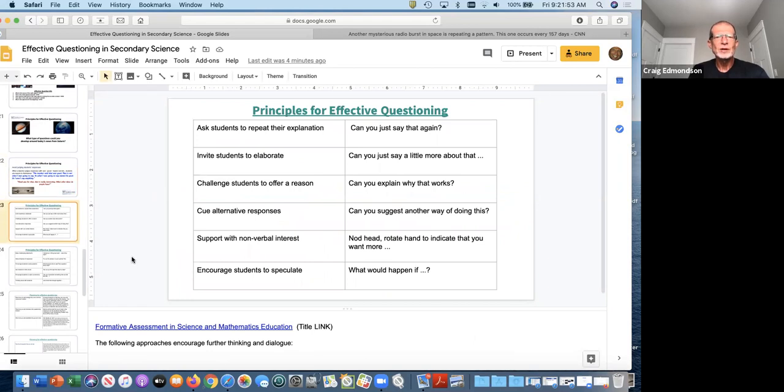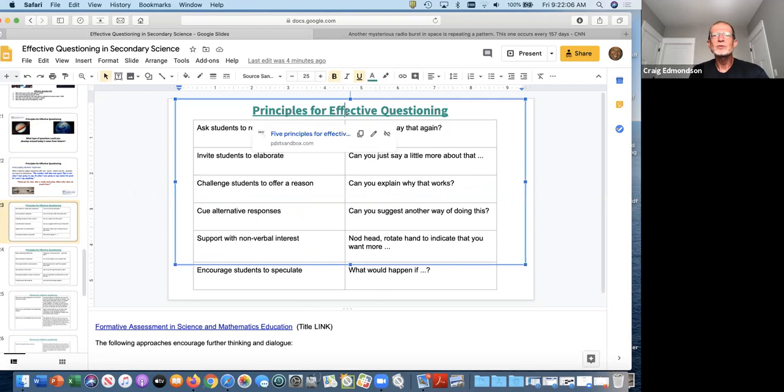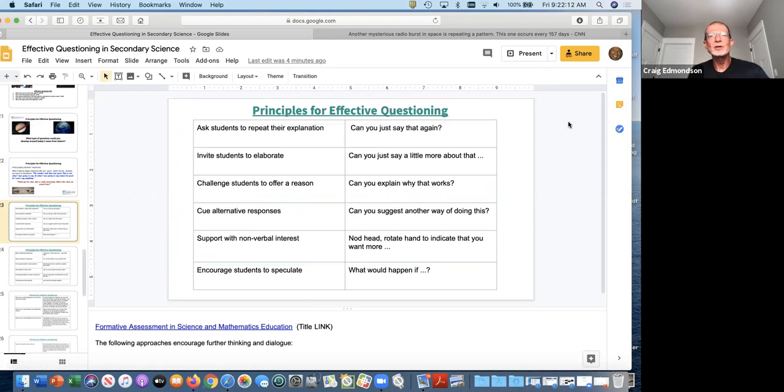Here, from Formative Assessment in Science and Mathematics Education, that's provided down here in the notes with a link there. And also underneath the principles for effective questioning, if you would like to see the research article itself, the link is right there for you. The research article brought up several ideas for providing approaches to encourage thinking and dialogue. So I just want to run through these and ask you to consider these in your classroom.